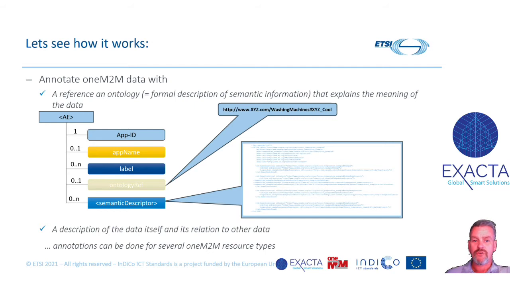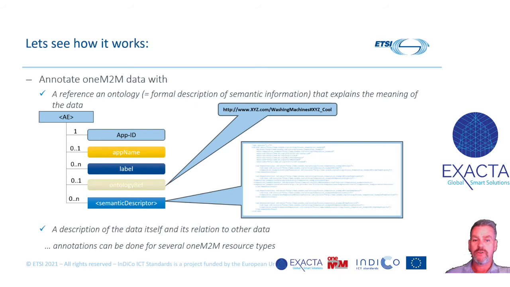A semantic description can be provided for resources in oneM2M that are used to convey data or certain types of functionality. For example, the AE and node resources convey information about a device and its capability. Container, content instance, flex container, and time series resources are used to convey data. And then there's the group resource, which is used to organize devices or sets of data.